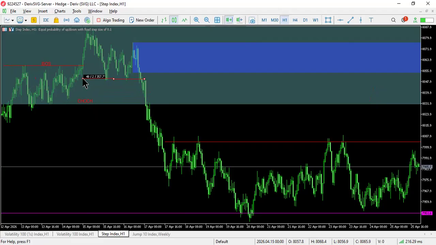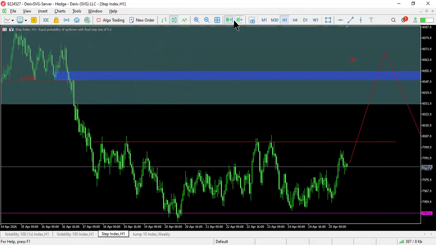And then this change of character is going to be at that level. So we have a change of character at that level, and then the order block which caused this change of character, it's going to be at that level.